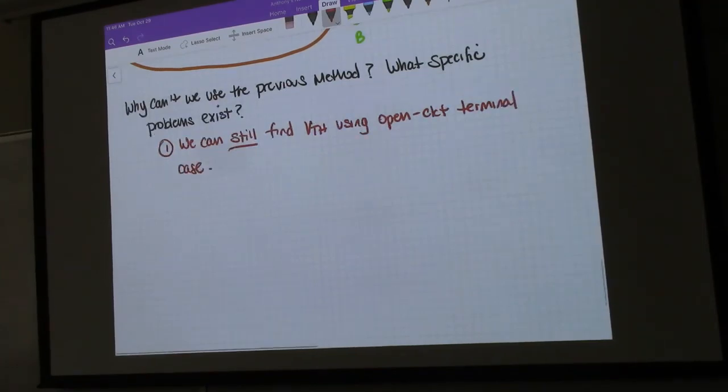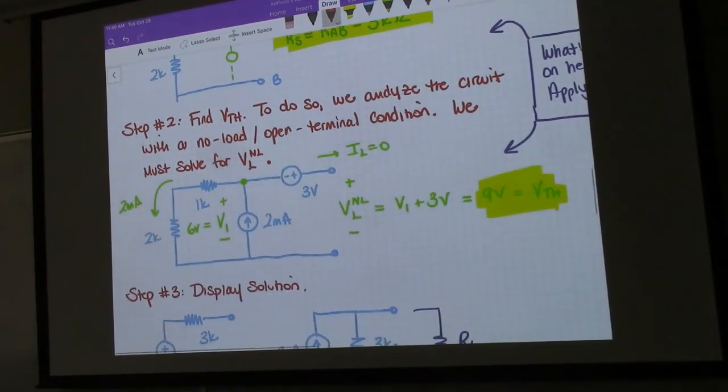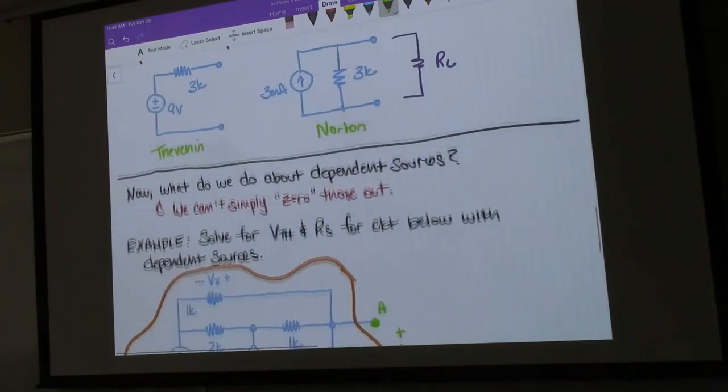So that's good. So this step 2 right here, that's not affected by the presence of any dependent sources. We can still solve for what VL is when there's no load attached. Good. And I'm going to rename this because I want it to match the other one. Instead of no load, I'm going to refer to it as open circuit.